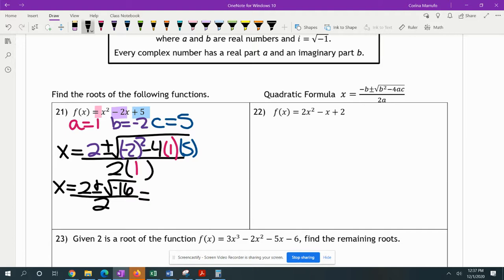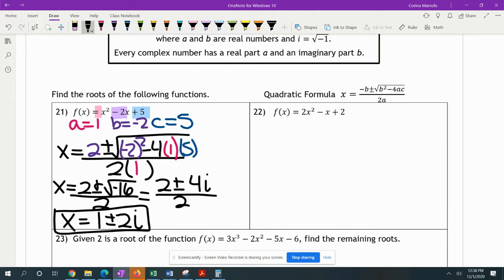Now, the square root of 16 gives us 4, and then we put an i because we did take the square root of a negative number. And then all of this is over 2. We go ahead and distribute the 2 to each one. So 2 divided by 2 gives us 1, plus or minus 4 divided by 2 gives you 2i. And that would be your 2 solutions.